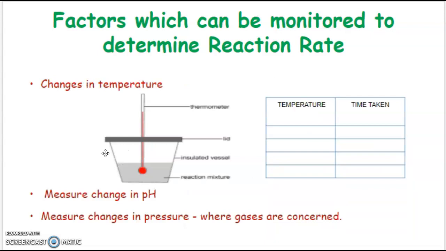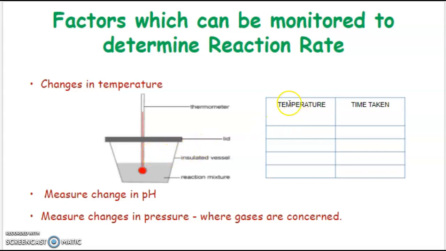Thirdly, we could measure the temperature throughout the course of the reaction. There are some reactions in which the temperature of the mixture increases as the reaction progresses. There are others whereby there are significant decreases in temperature throughout the course of the reaction. In any event, such being the case, what can be done?